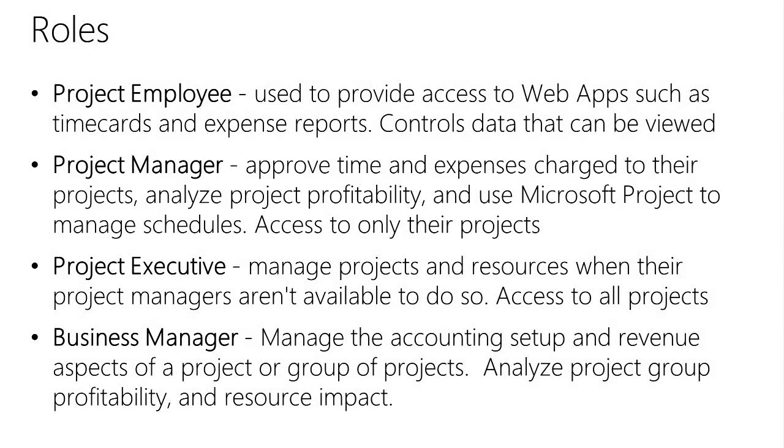We also have a project manager who has the ability to approve line items for time that is charged to their projects. We also have a project executive, and the executive has the ability to see all projects, regardless of whether they're the project manager or not. And we also have the role of a business manager, which does not necessarily have approval rights, but has the ability to see the costs on the projects if desired.